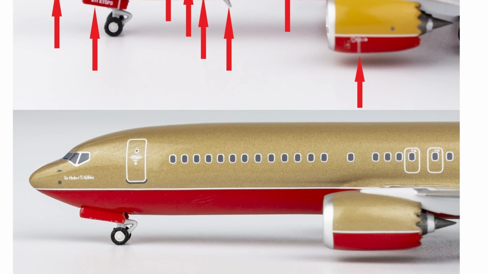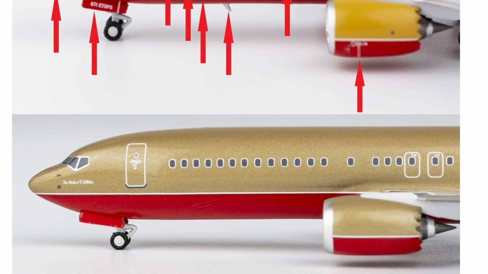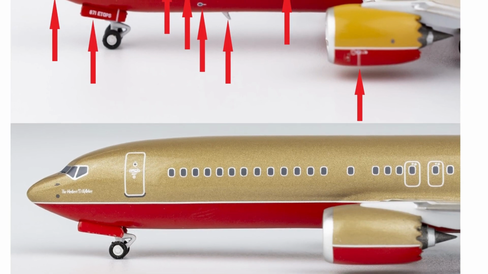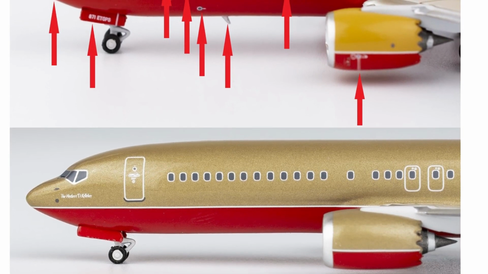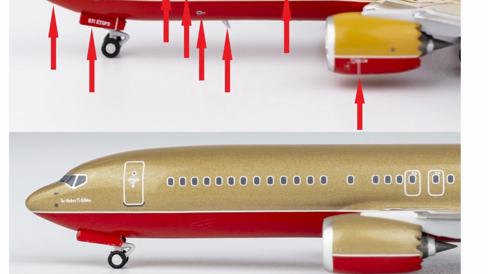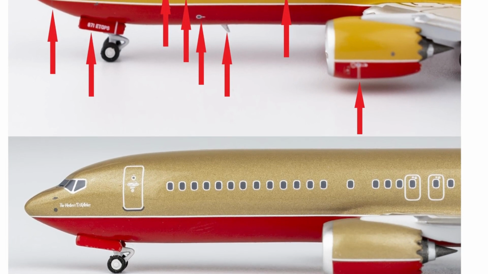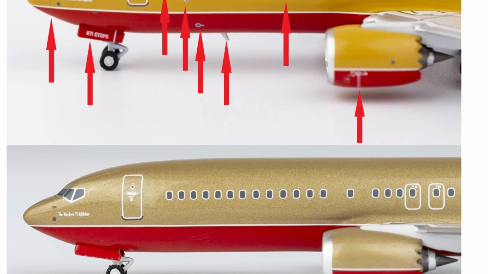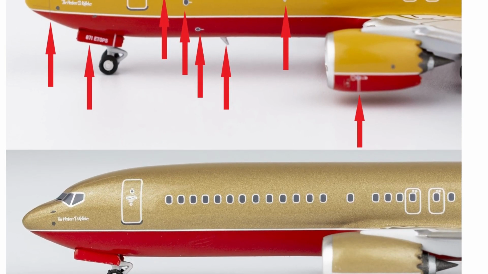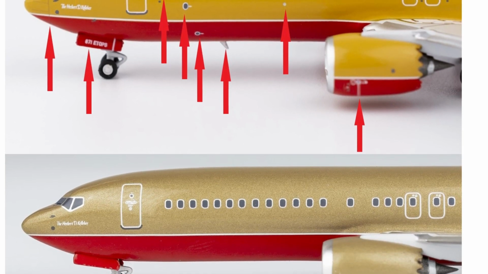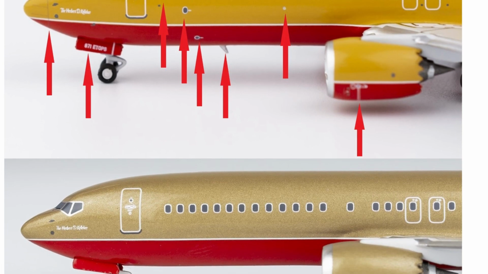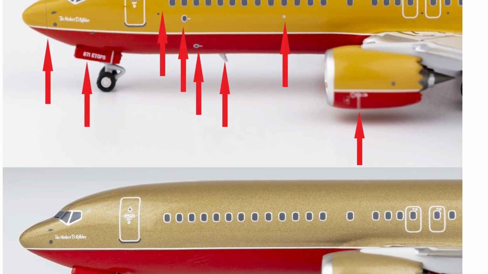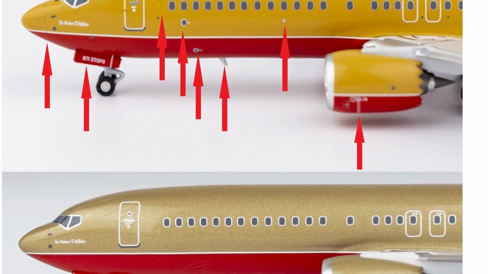So one of the obvious things that's missing is the radome printing, the lines that make up the radome. Also, you can see that the blocked out window, which is just behind the L1 door here, is also missing. Some of these small entry points and maintenance doors and little detailed print elements beneath the window lining on the belly are also missing.